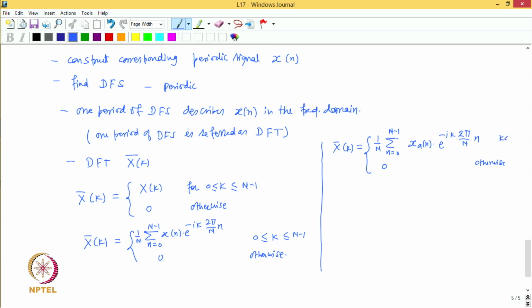This of course is true for n from 0 to N minus 1. So, this is nothing but the expression for DFT.